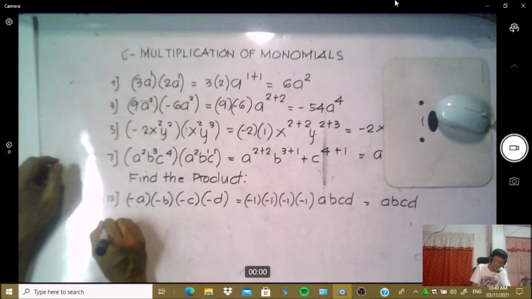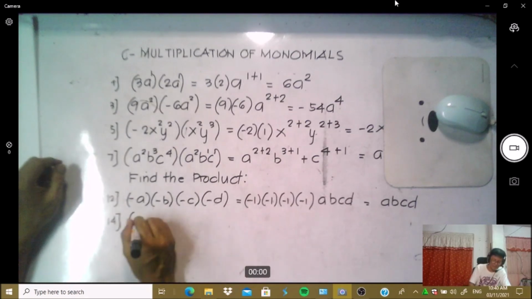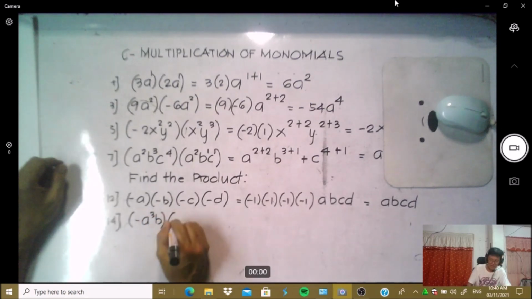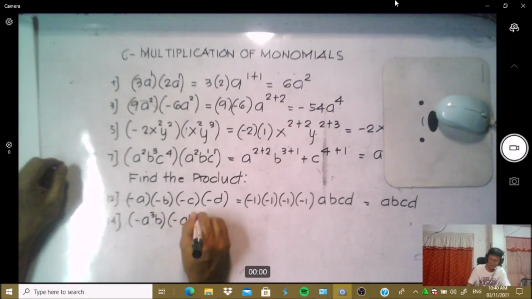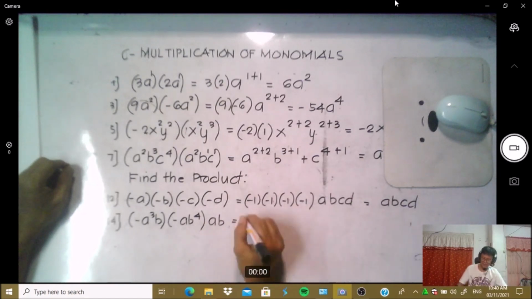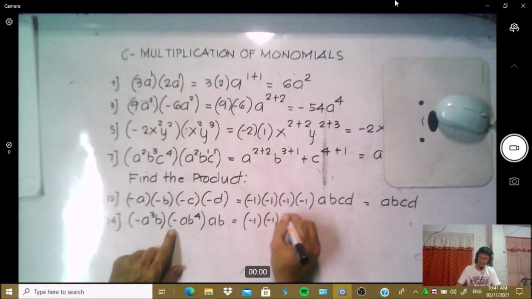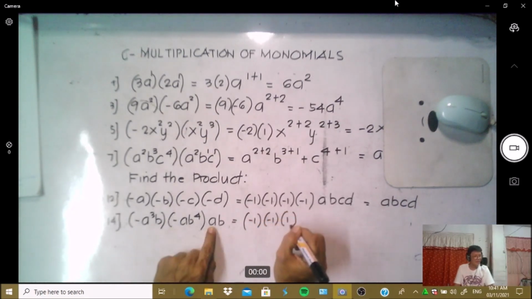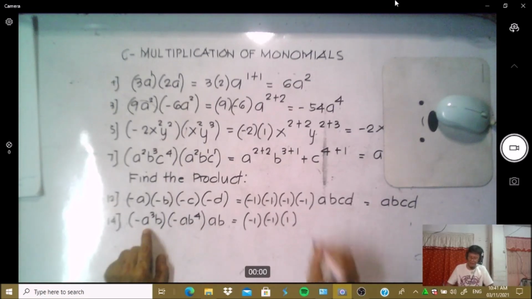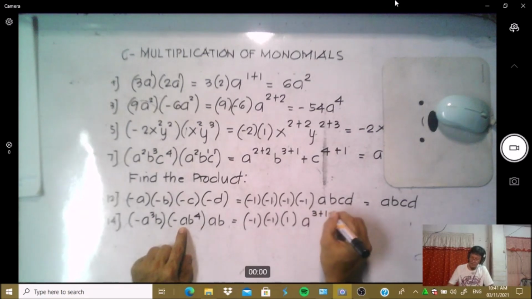Okay, for number 14, we have negative a cubed b, then negative ab to the 4th, then ab. Okay, so we have negative 1 multiplied by negative 1 multiplied by 1 here. So we have a, then 3 plus 1 plus 1.